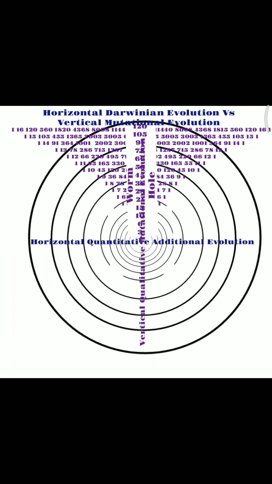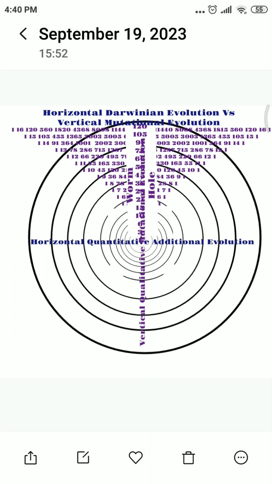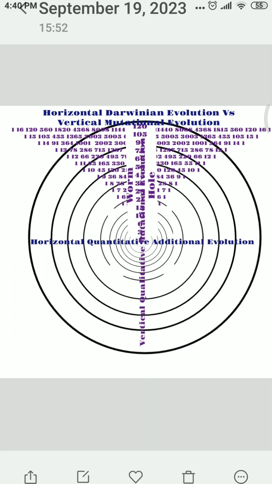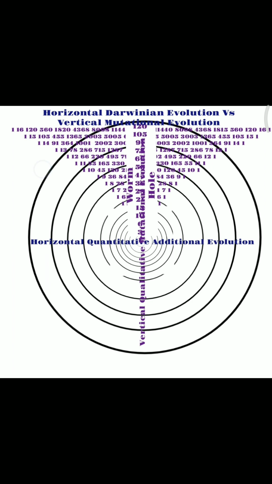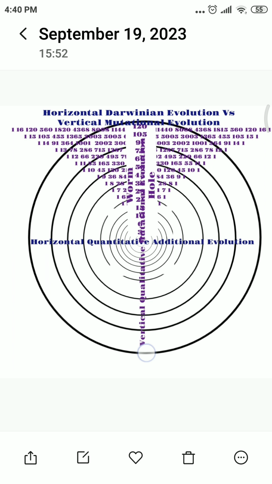So the Darwinian gradual evolution starts from here. Let's say if you take this one, it goes on evolving like this. It follows this circular path. Once it reaches here, it completes its evolution.